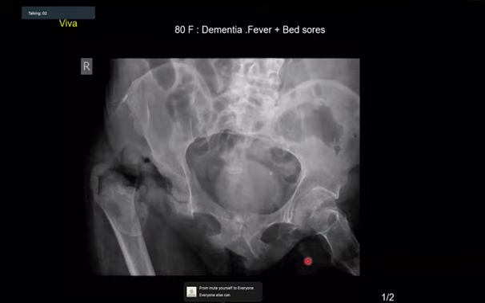I can also see that the fat planes on the right are disrupted. It almost looks like there's an ossification overlying the right femoral head. I'm trying to think whether this is the avulsed fragment or whether this is just a heterotopic ossification that I'm seeing.